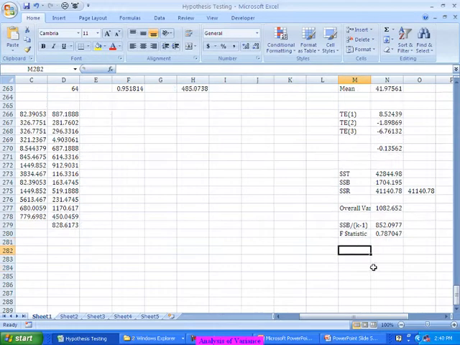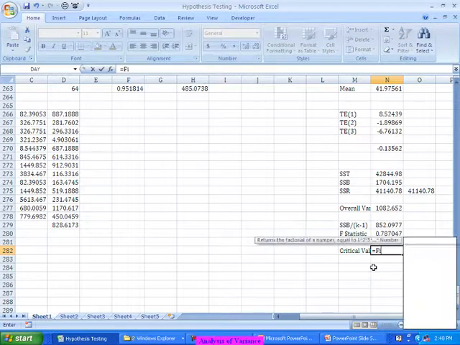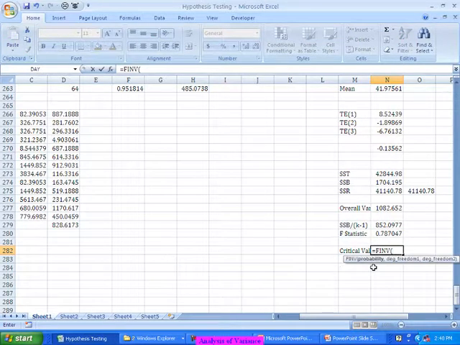So based on this, I should be able to put up the critical value. Let's say I am looking at 2.5%, with k minus 1 equal to 2 and n minus k degrees of freedom equal to 38.